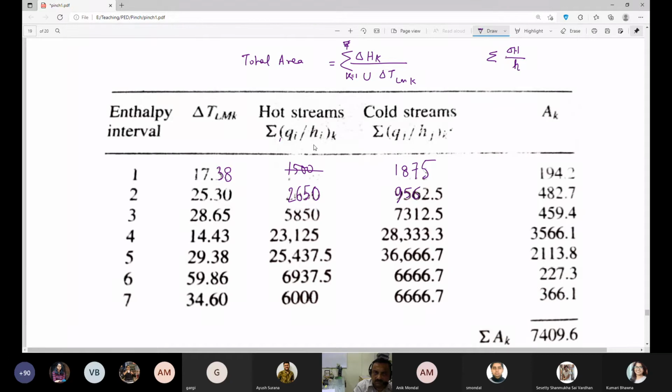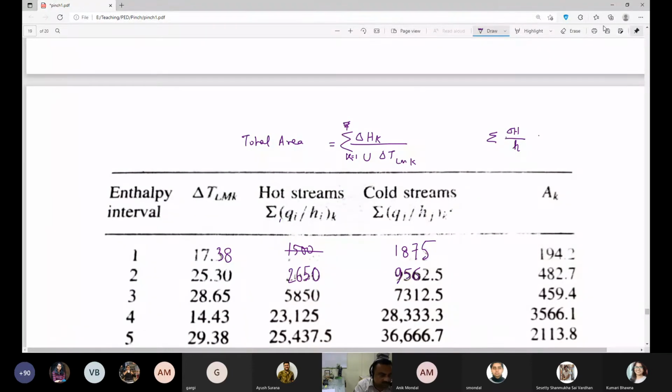This is for one hot stream, then we have the other hot stream. So we need to sum them up for all the hot streams, and similarly for all the cold streams within that segment. So then, if we write the expression for the total area, when the U value is varying everywhere, the total area would be the sum over k equal to 1 to, here in this case, 7 intervals.